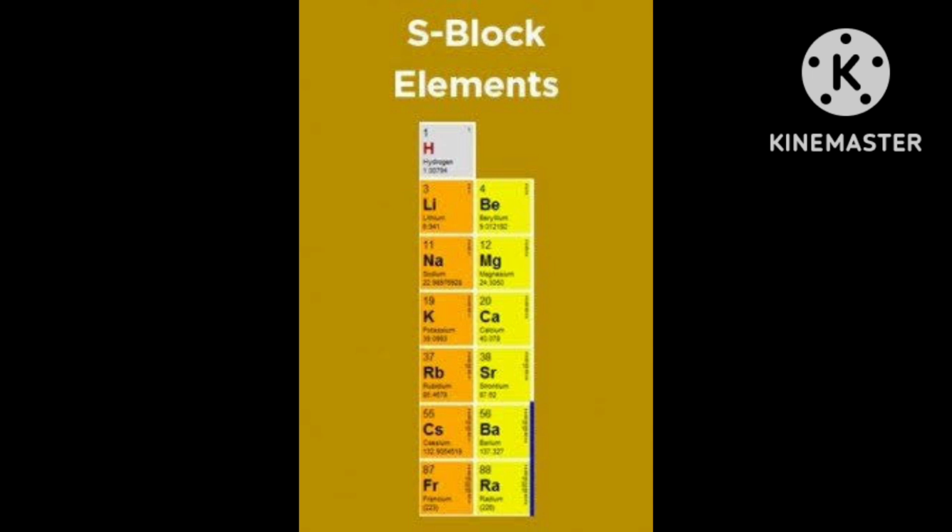Group 1 of the periodic table consists of the elements lithium, sodium, potassium, rubidium, cesium and francium. They are collectively known as the alkali metals. These are so called because they form hydroxides. When these elements react with water, they form hydroxides which are strongly alkaline in nature.